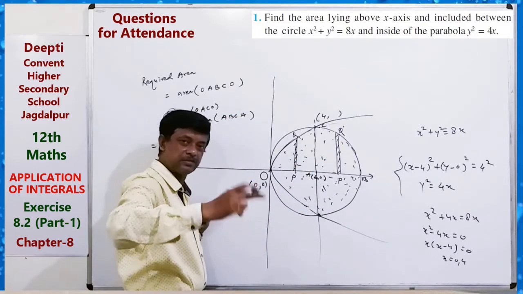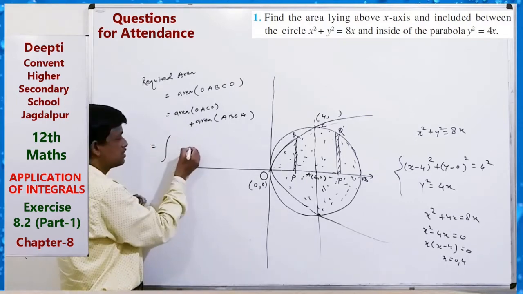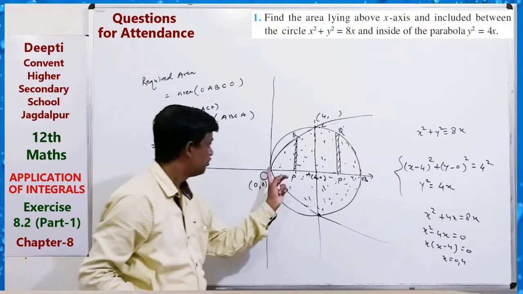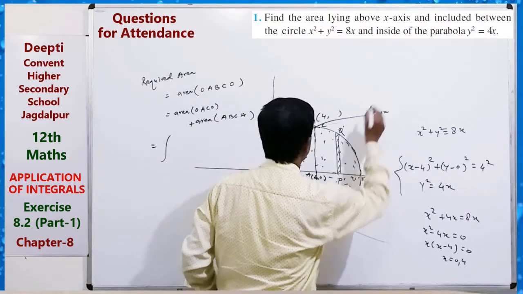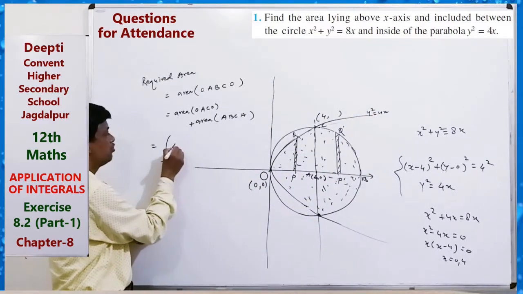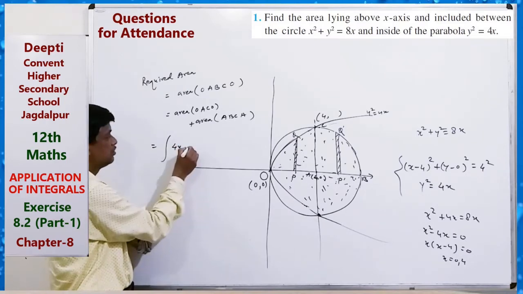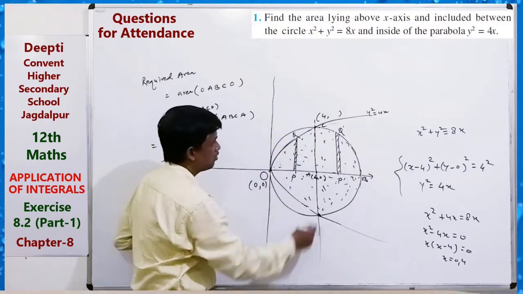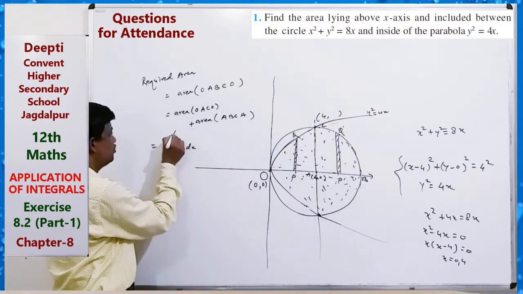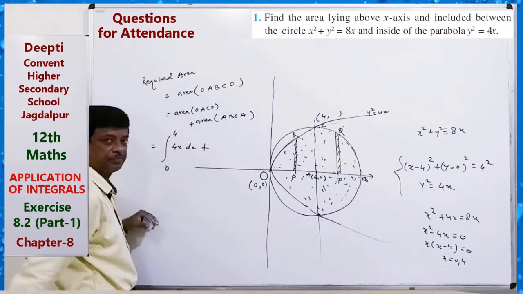Vertical strip, integral y dx, where y is from the parabola. Parabola means y square equals 4x, so y equals root of 4x, dx. The limit is from here 0 to 4, plus the second part.